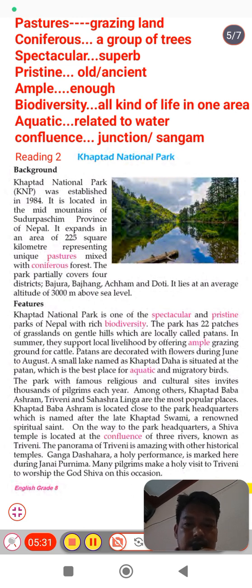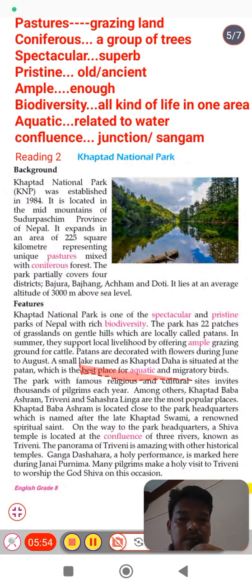A small lake named Khaptad Daha is situated at the patan. It is the best place for aquatic migratory birds, very suitable for the birds that come from different places. Aquatic means related to water.